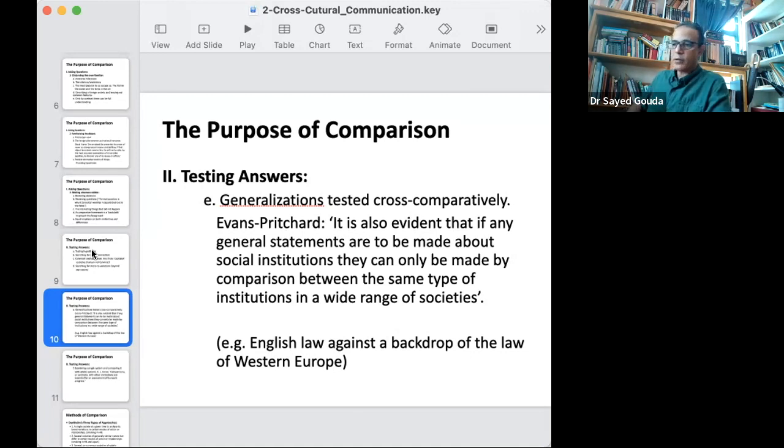Like comparing, for example, if we talk about English law and want to understand it, we need to understand it against a backdrop of the law of Western Europe, for example.